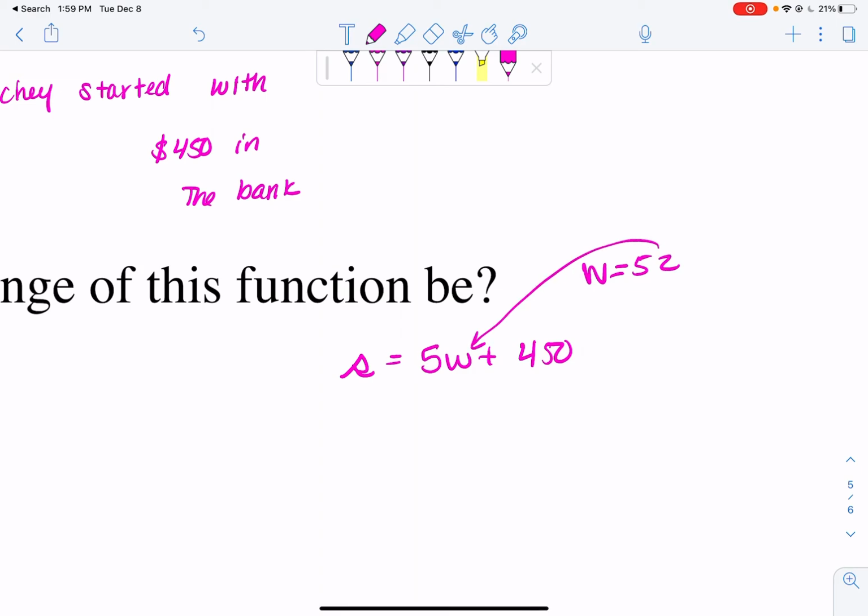That'll tell me how much money Lachey has in the account after 52 weeks. So s equals 5 times 52 plus 450, which is 710. That means after 52 weeks, Lachey will have $710 in her account.